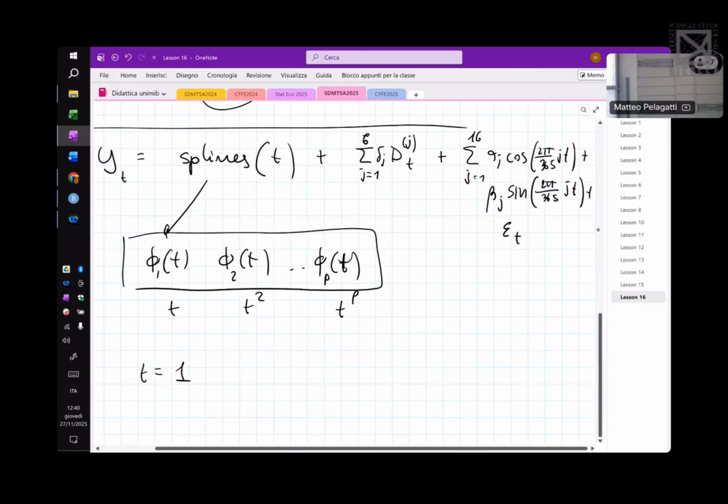I have initial values for these dummies and this cosine and sine. And I also have the uncertainty, because my alpha and my beta and my delta also have standard errors.